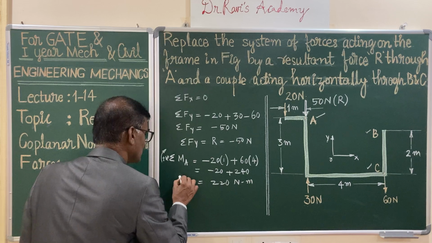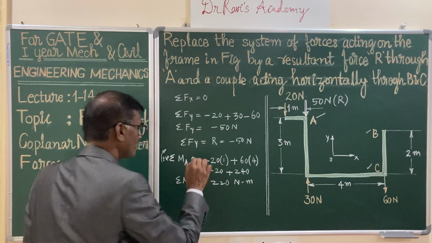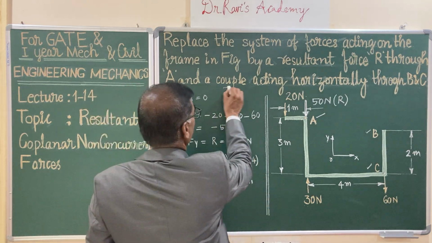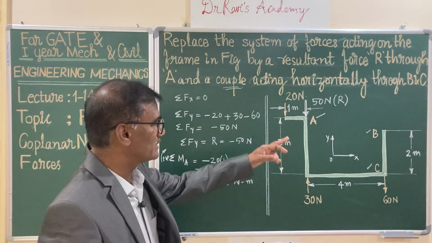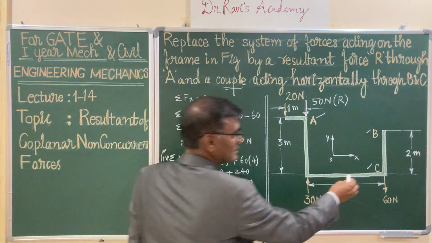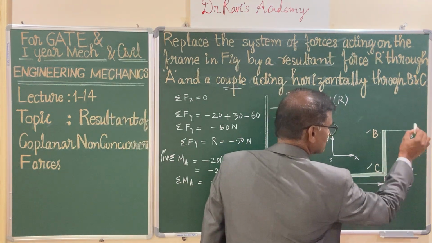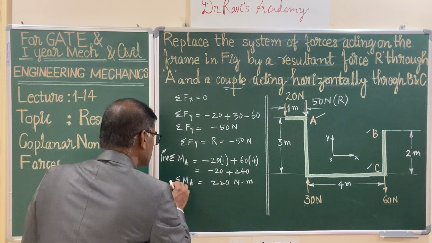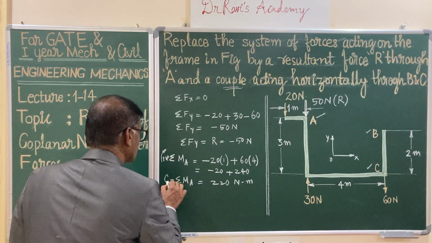This is your sigma MA, and he wants to replace this by means of a couple acting through B and C. You see that between B and C the distance is 2 meters, and he wants to replace it with the couple.